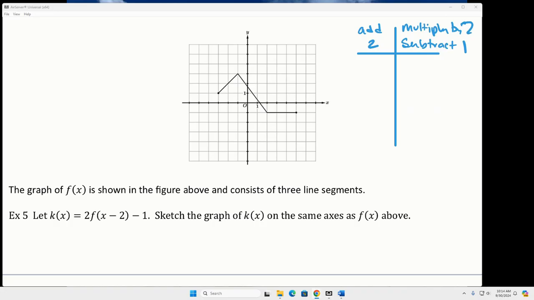All right, and this is the exact same original graph, so it's the same ordered pairs. So I still have the -3. Multiply by 2. Then subtract 1.